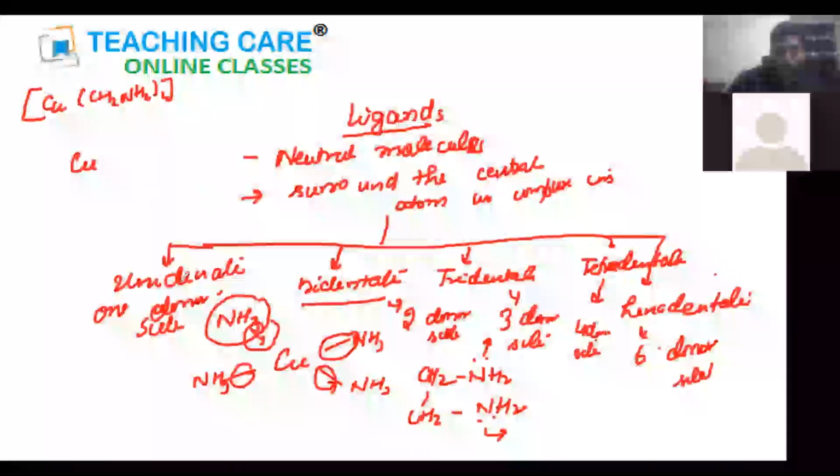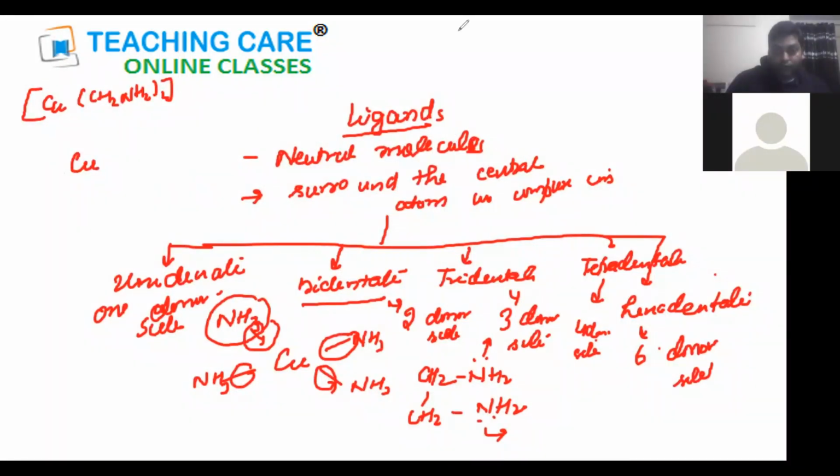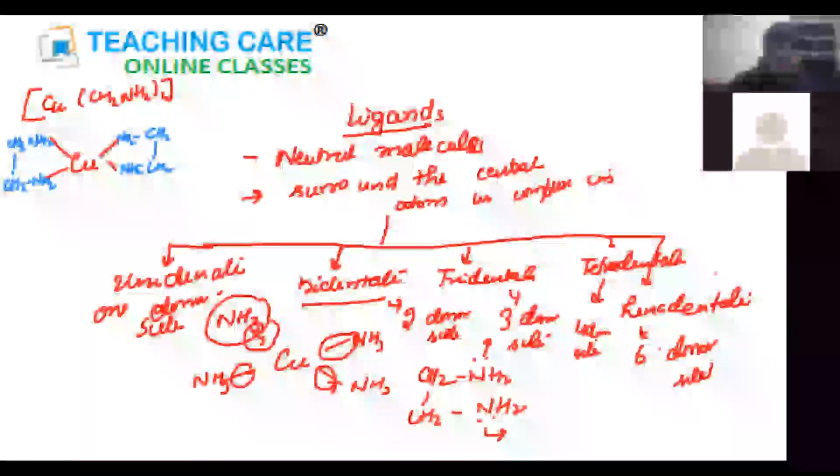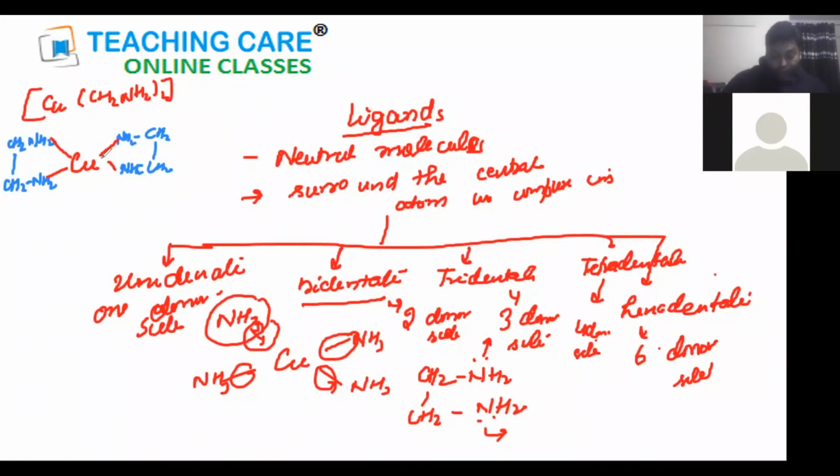This is your ethylenediamine, CH2NH2 and CH2. One ethylenediamine comes to this side, and it has 2 donor sites. The second ethylenediamine comes to this side, and it also has 2 donor sites. So this is a bidentate ligand. Okay, got it? Yes, sir.